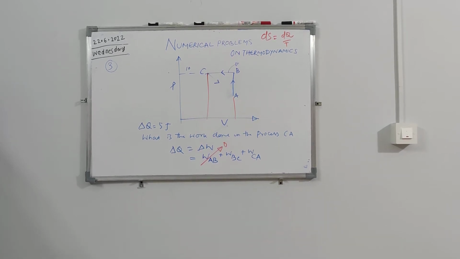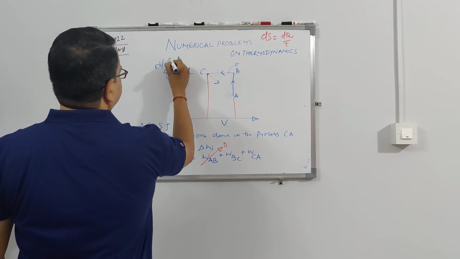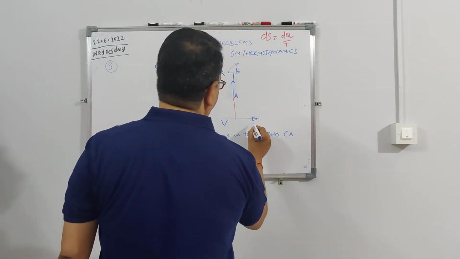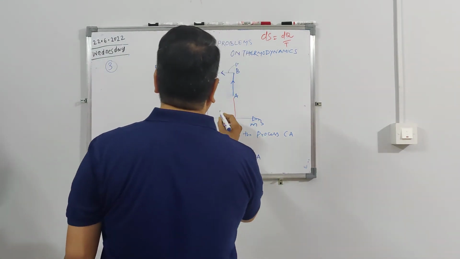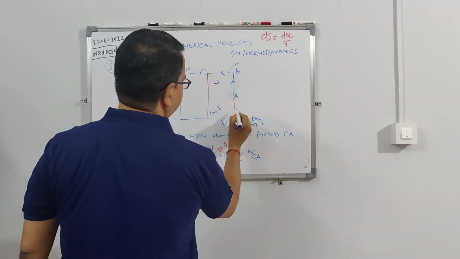The pressure is in Newton per meter square and volume is in meter cube, right? So volume is 1 to 2. So it is 1 meter cube and this is 2 meter cube.